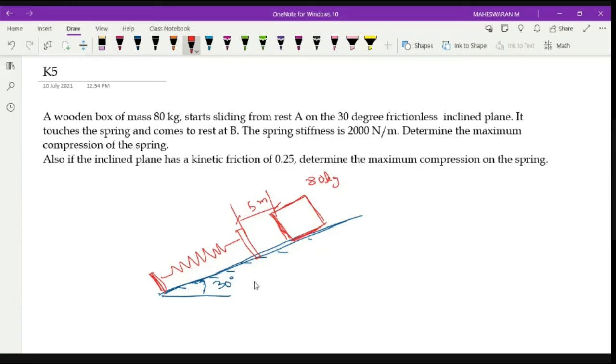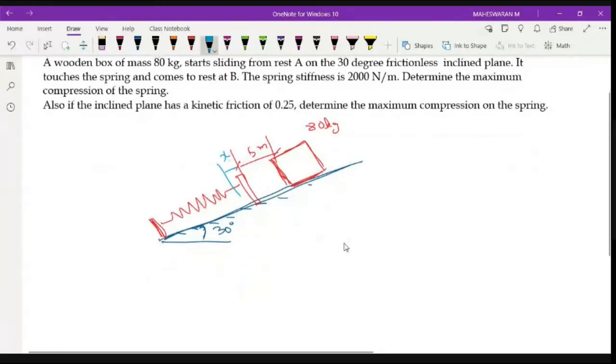Okay. So after that, what happens? It hits the spring. So when it hits the spring, what happens? The spring will deflect. It will compress to a distance of x. So they are asking what is the compression, right? Now, which method can we solve this?